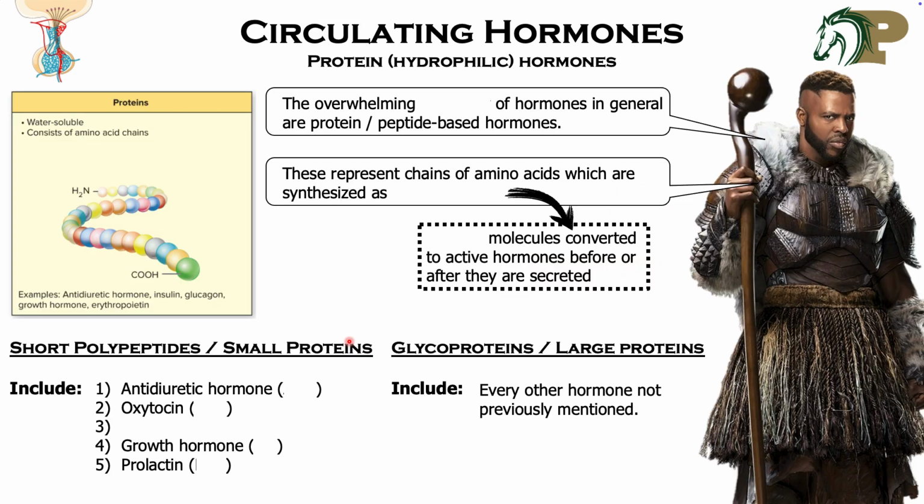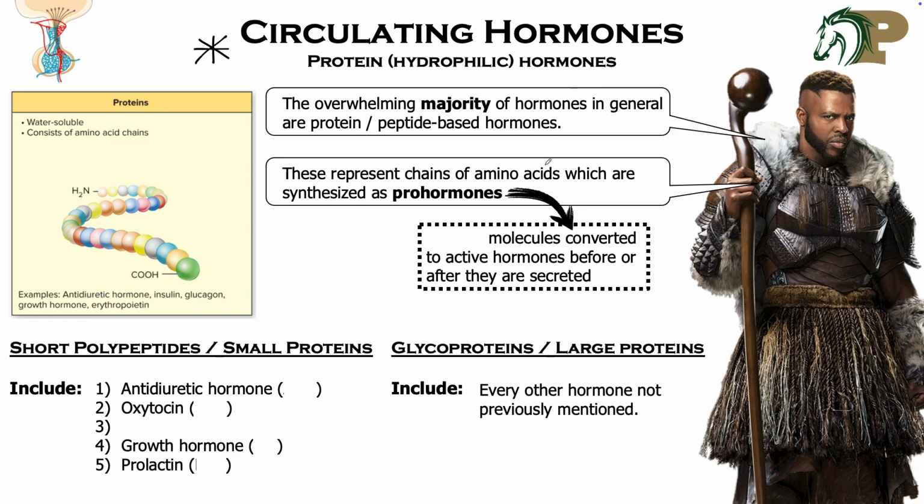Our last category is going to be our protein or hydrophilic hormones. Again, this is going to be the category that most hormones in the body will belong to. The overwhelming majority of hormones in general are protein or peptide based. These represent chains of amino acids which are synthesized as prohormones.